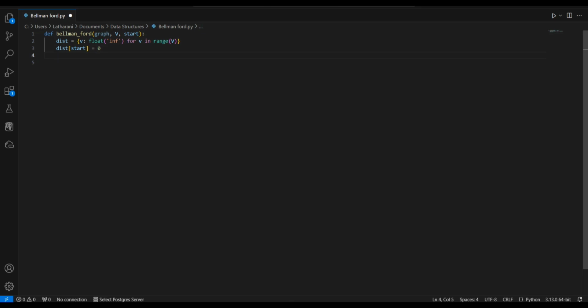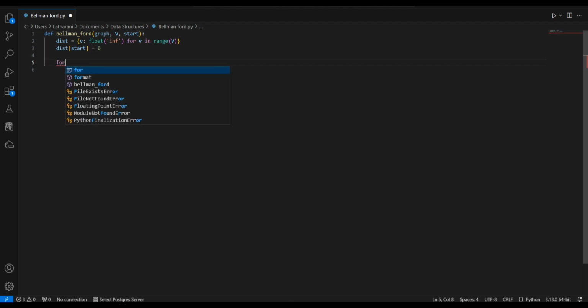Next, we move on to relaxing the edges. The next step is to relax all the edges in the graph V minus 1 times, where V is the number of vertices. Relaxation means trying to reduce the distance to a vertex by finding a shorter path through its neighbor. For each edge u, v, weight in the graph, if the distance to vertex u plus the edge weight is less than the current distance to vertex v, the distance to vertex v is updated.